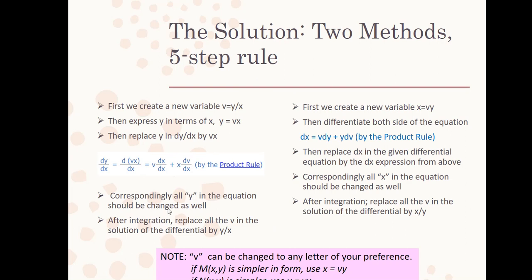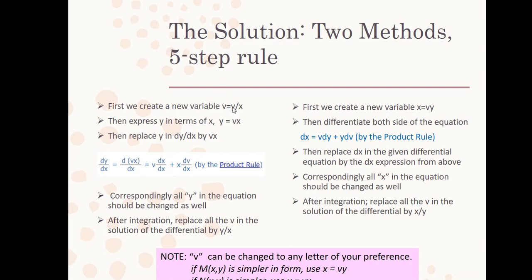On the left side, you have method 1, and on the right side, you have the second method. In method 1, you create a new variable v, which is equal to y over x. Now, this particular variable v is arbitrary.